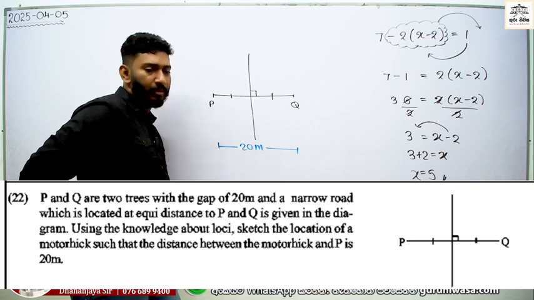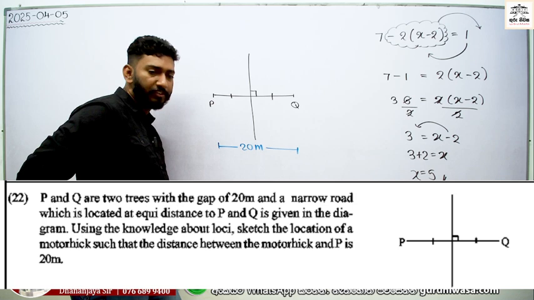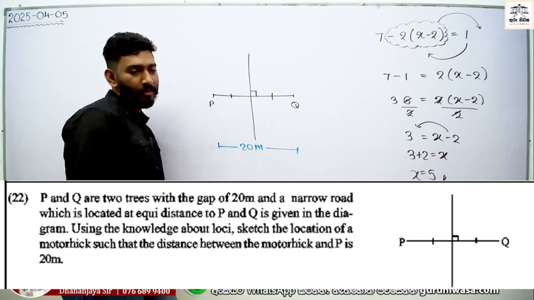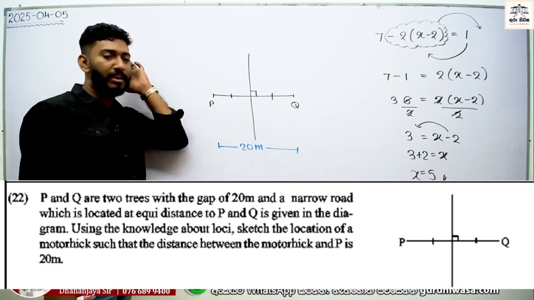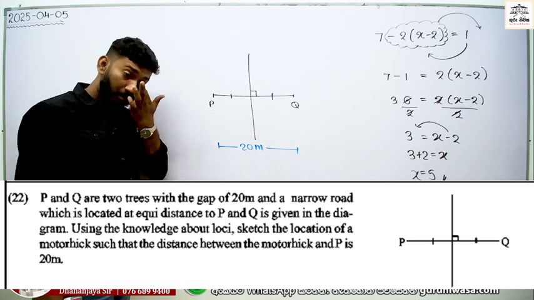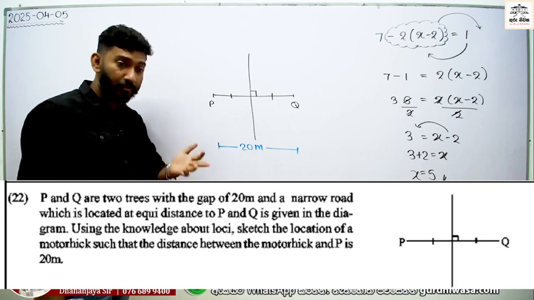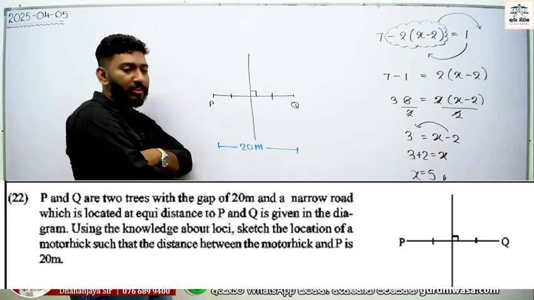And the diagram. Using the knowledge about the loci, sketch the location of the motorbike such that the distance between the motorbike and P is 20 meters. On the road, P and Q are two trees with a gap of 20 meters, and a narrow road is located equidistant to P and Q in the given diagram.